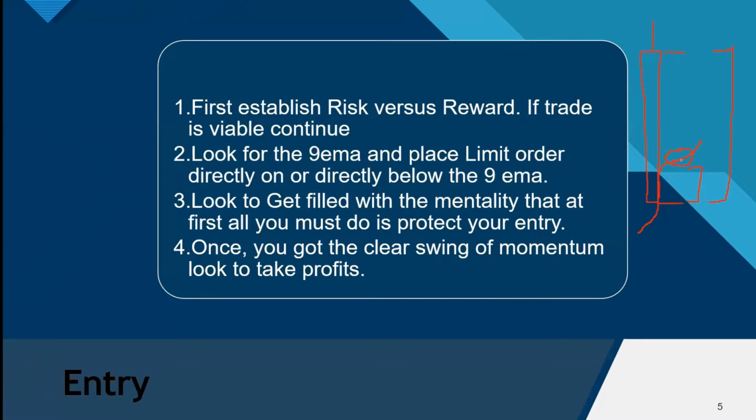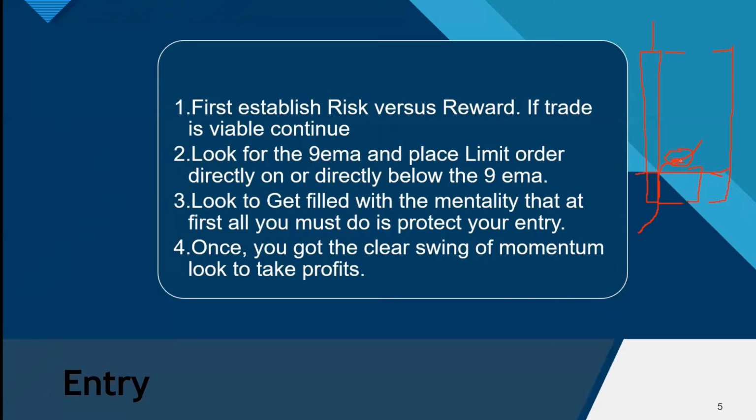So if this is your 9 EMA, you're going to look to get your entry either directly on the 9 EMA or directly below the 9 EMA. Usually we're going to have the VWAP coming right underneath it in this kind of motion. It could be slightly moving to the higher end, but I use that also to understand that we do have volume behind us. We want the stock to be above VWAP and breaking out on the day.